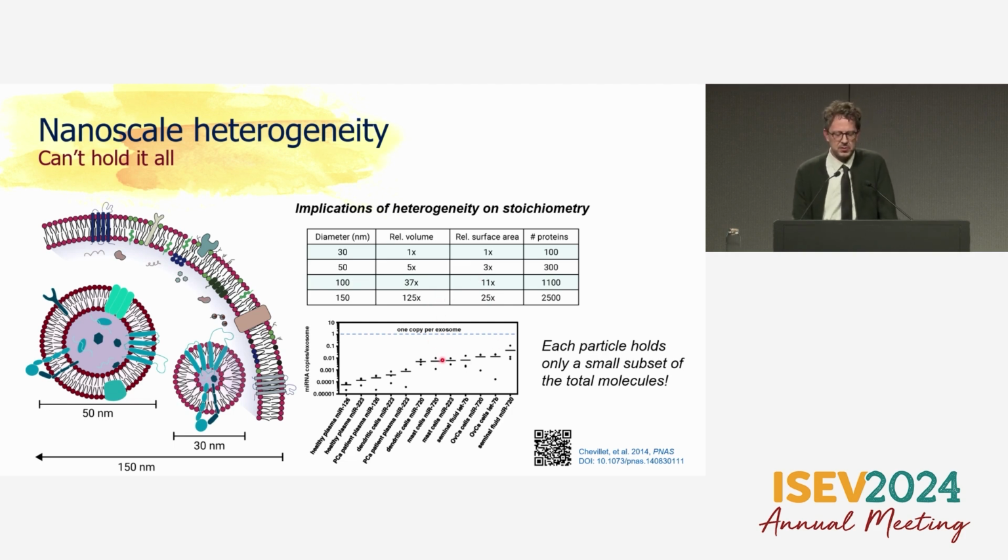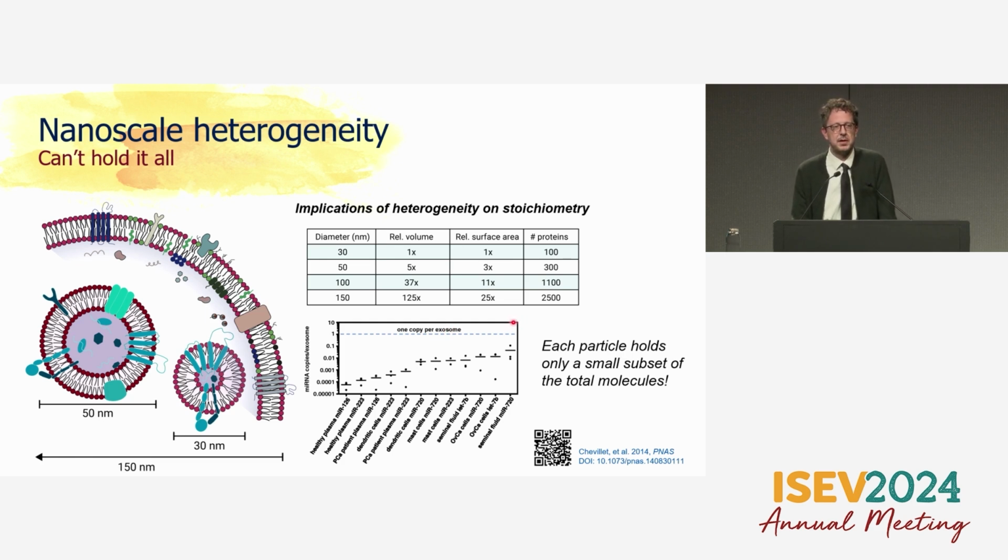Of course, there's a lot of historical work that shows interesting stoichiometry, not based on thought experiments like this one, but actually measuring the expected amount of microRNAs that should be reached if there was one copy per vesicle, and that's this dotted line here. I would say this is already quite an outdated study that probably severely undercounted the number of EVs.